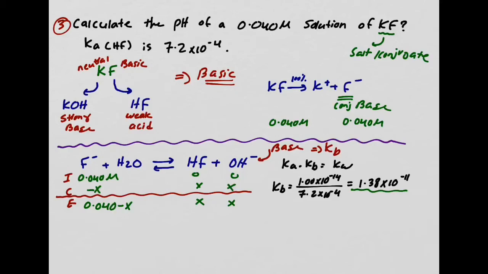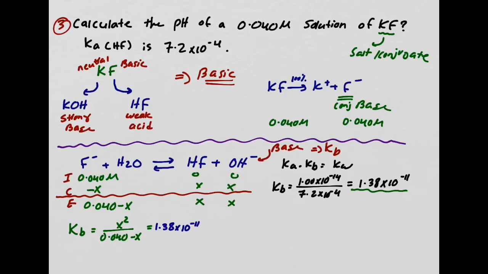We're good so far? Okay. So, remember, KB is going to be product over reactant. So, I'm going to have x squared over 0.040 minus x. And again, KB is a really, really small number in this case, 1.38 times 10 to the minus 11.